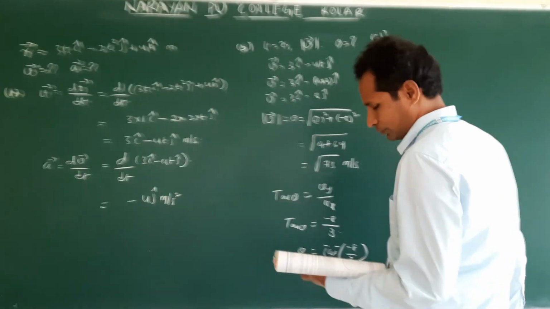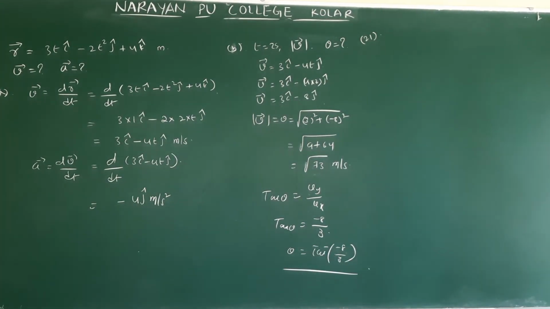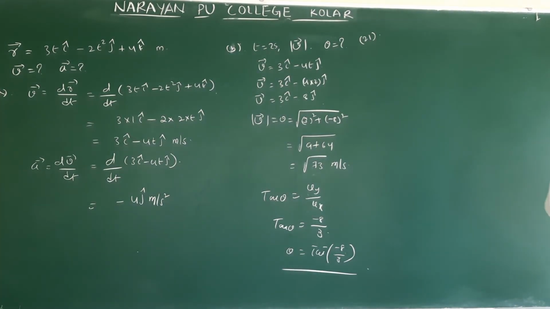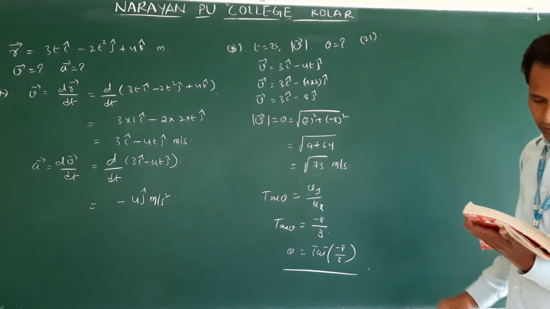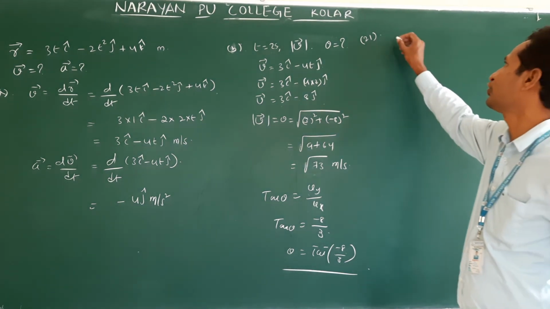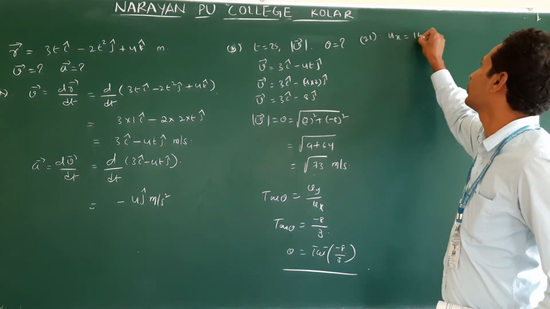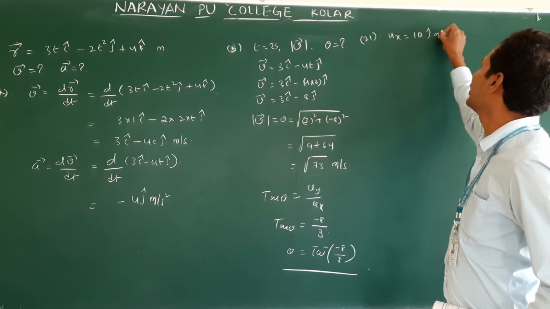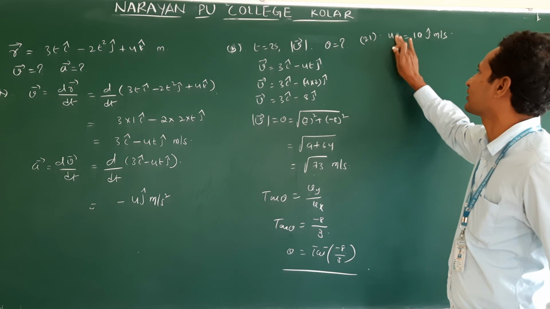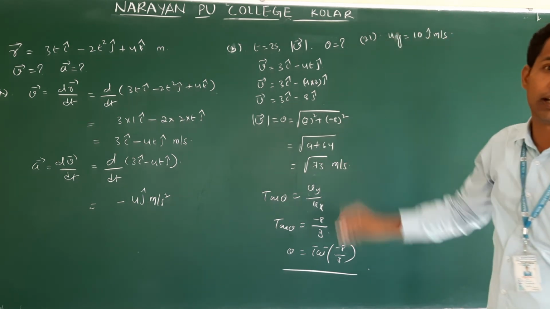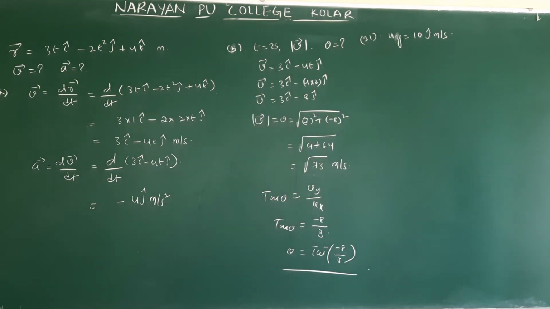21. Okay, we have already done this kind of question. A particle starts at the origin at t is equal to 0 with velocity 10 j cap. It means ux is not given; j cap is mentioned, so it is 10 meter per second in the y direction, and it moves in the xy plane with a constant acceleration.